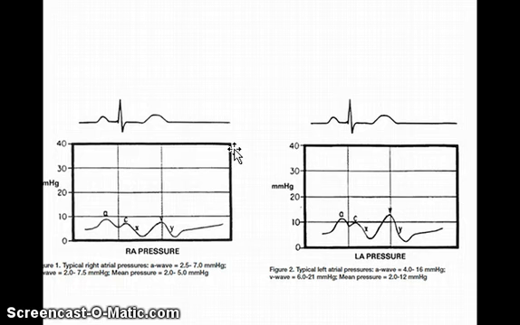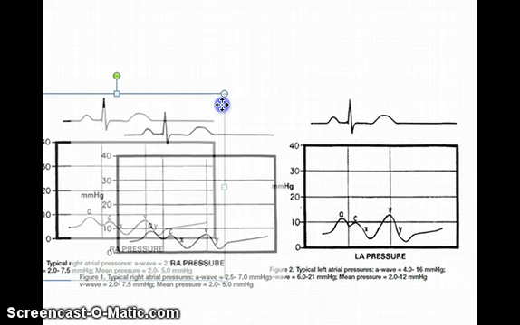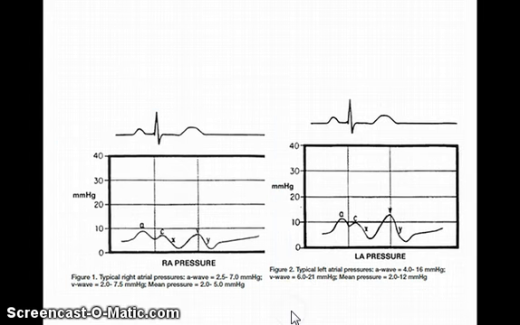Okay, here's another example of pressure of the atria. Here's the right atrium. Whoops, I hate it when it does that, or when I do that. It's my fault. Okay, so again, P wave, T wave, P wave, T wave. And this is the right atrium, left atrium. And again, you wouldn't know that unless there was a scale here.